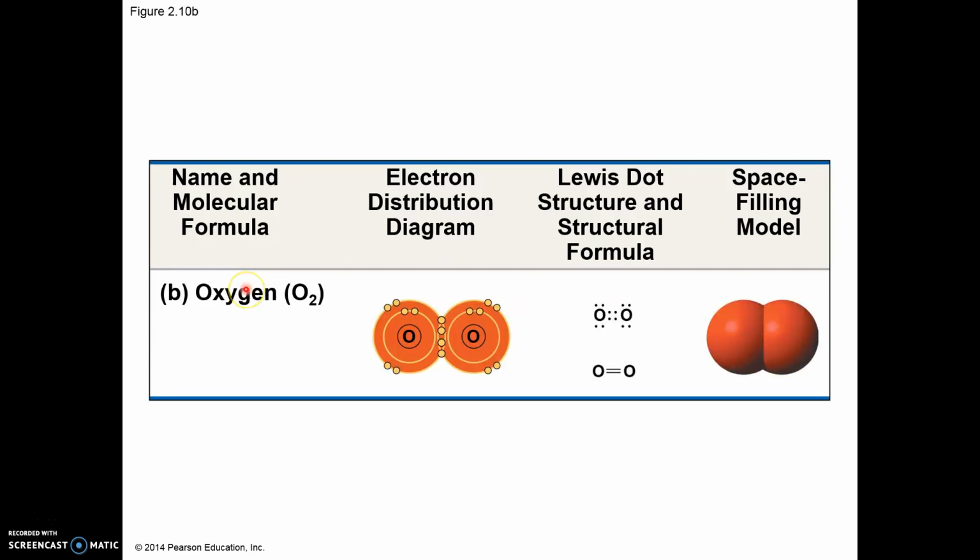All right, let's go on and look at a double bond. Here we have oxygen. Oxygen has 1, 2, 3, 4, 5, 6 in its outer valence shell, so it needs 2 more. This oxygen is in the same scenario. It needs 2 more. Well, fortunately, the geometry exists that they can share both of them simultaneously, as you can see represented here with those electrons being in both shells. Here we represent that in the Lewis dot structure by having the symbol, and we also show that there are lone electron pairs that sit out here.